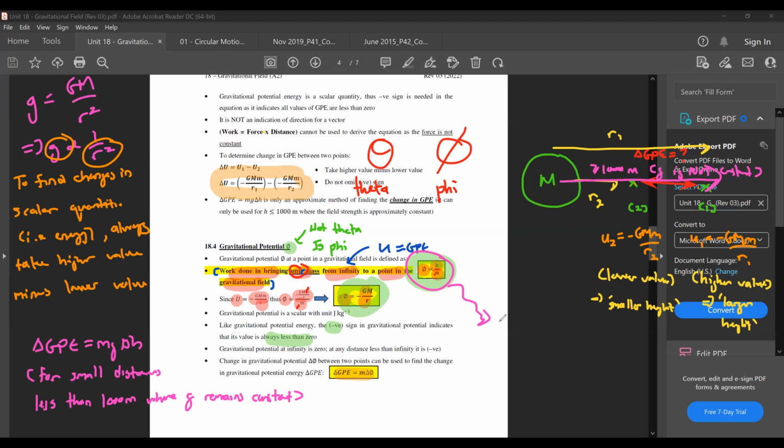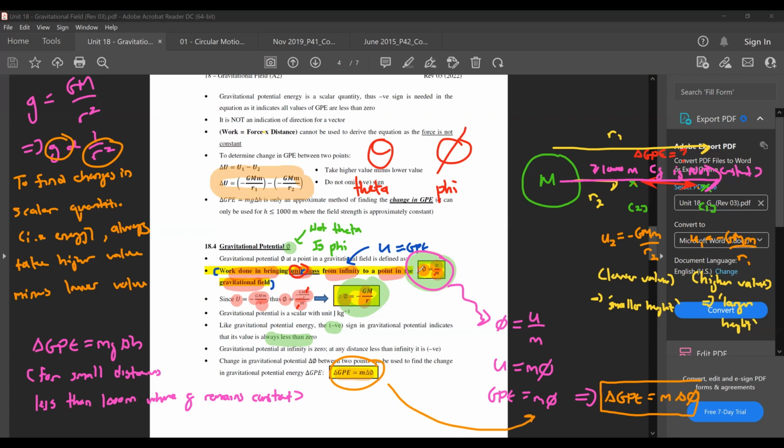Where we can say that if phi is U over m, U is m phi, but U was actually my GPE, okay? Now, GPE is m times potential. If I go and introduce the change symbol inside, I will get delta GPE equals mass times delta phi.